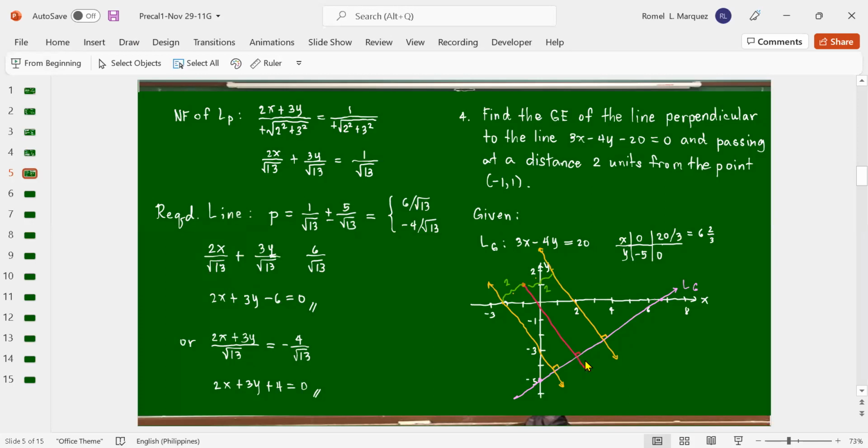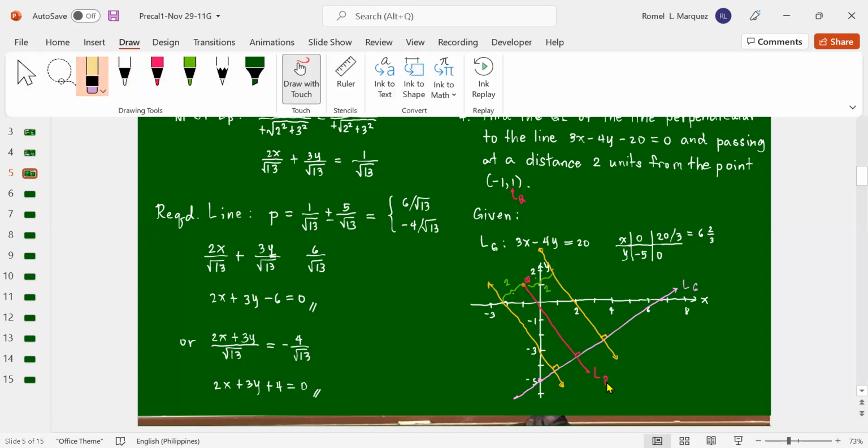So this is the line through P. Let's call that point P. I think it will be confused with the P later, so let's call this point Q instead. So passing through Q.